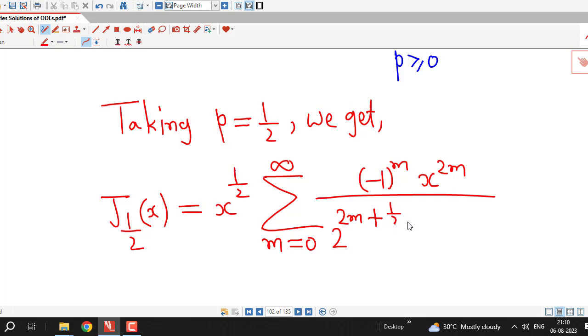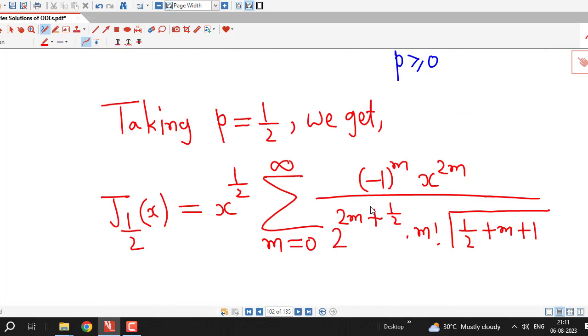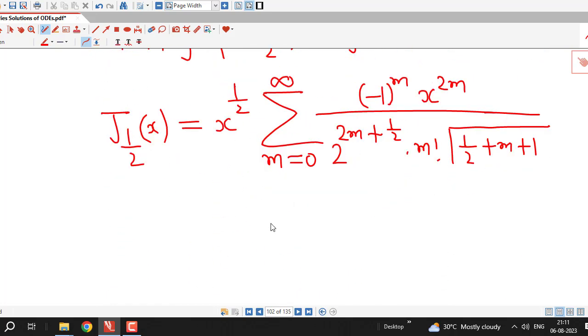Instead of p I am writing 1 by 2, into m factorial into gamma p plus m plus 1, that is gamma 1 by 2 plus m plus 1. Here I have taken p equal to 1 by 2 here and here. Rest of the things as it is. Now we try to simplify this series.